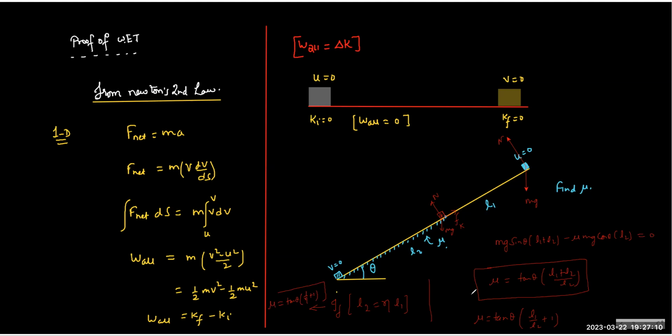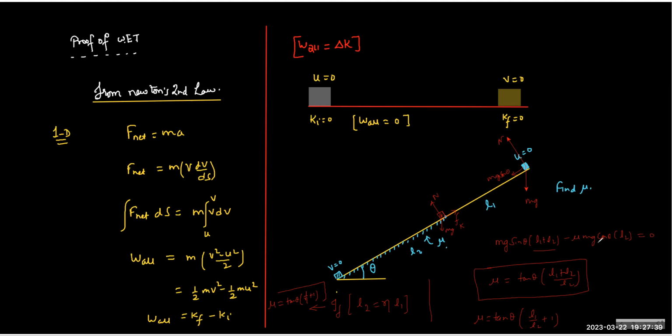So in this case, what we preferred is that we resolve the force in the direction of displacement. And it is well known to us that this is mg sine theta. And in the direction of mg sine theta, you move from the top to bottom, which means you travel this much. And in the direction of displacement, the force of friction is in the opposite direction, so we have a negative sign.